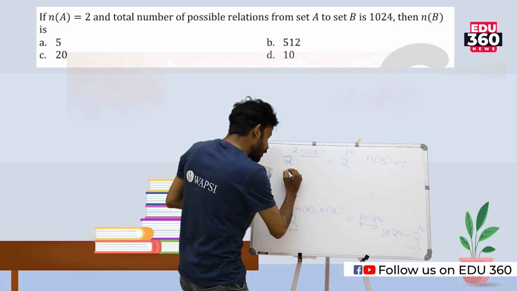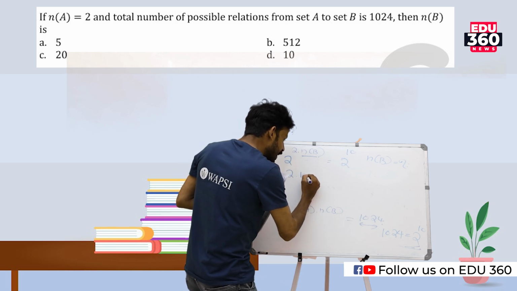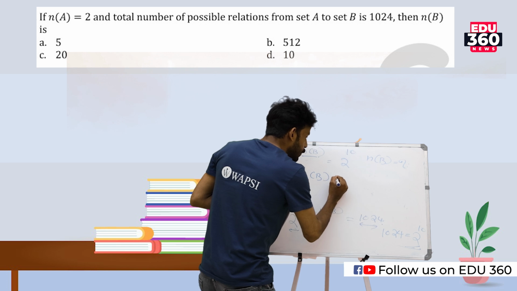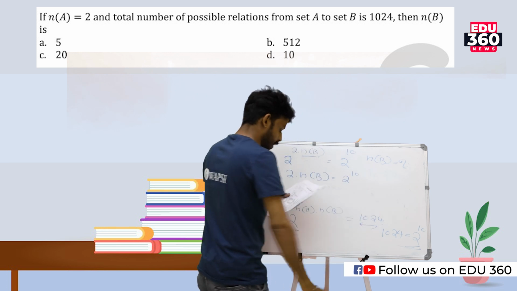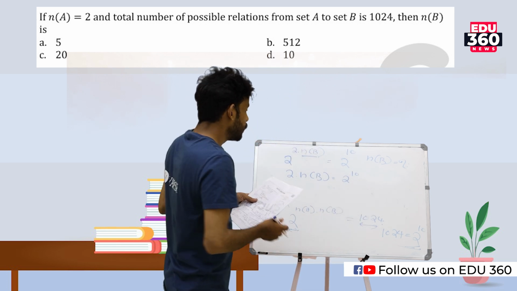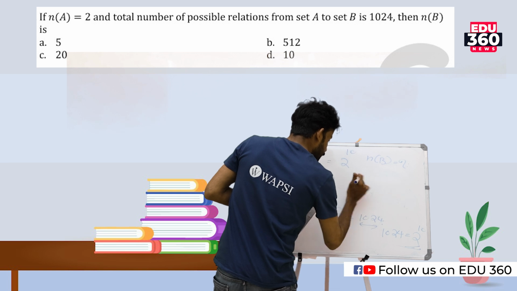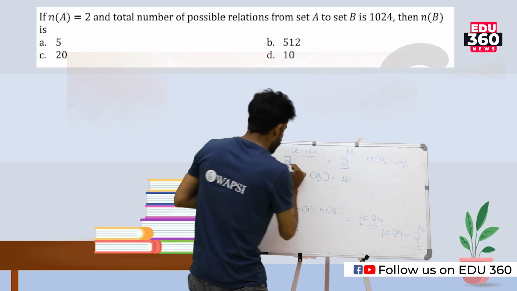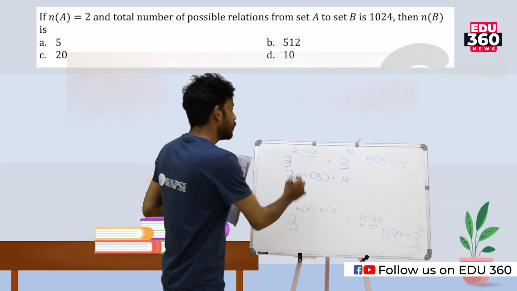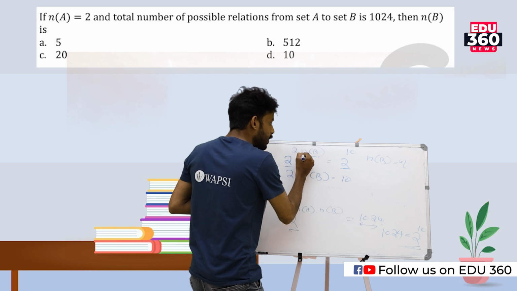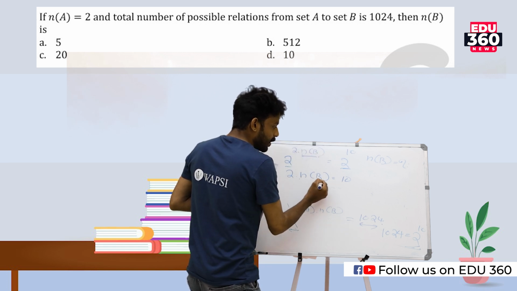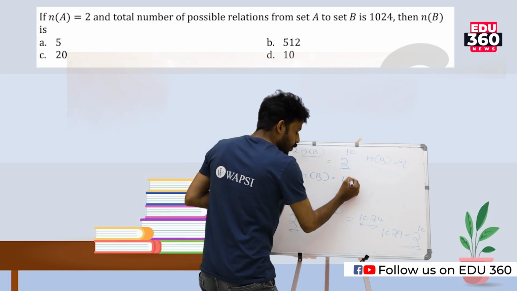In the next step, we can write 2 into n of B is equal to 2 raised to 10. Because the base is the same here, 2, 2, we can consider the exponents. 2 into number of elements in B is equal to 10.